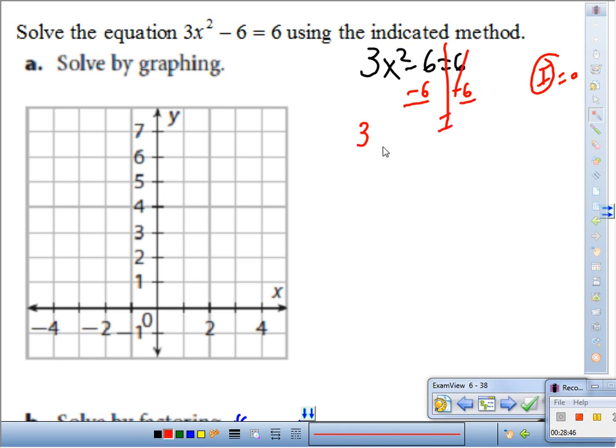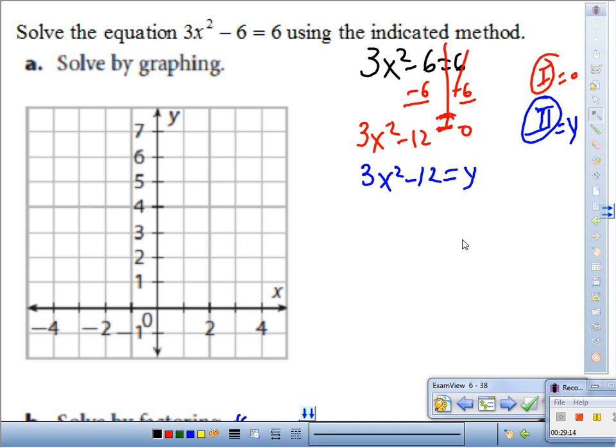We end up with 3x squared minus 12 equal to 0. Step 2: make it equal to y. Remember, in the original form, instead of being 0, it should have been y equals 3x squared minus 12.